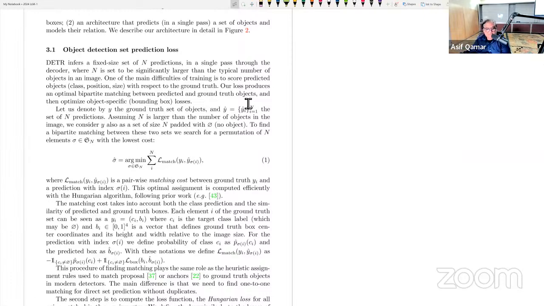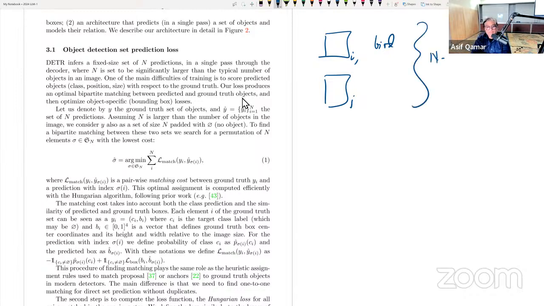Here, what they say is DETR infers a fixed set of n predictions. Remember, I said that it detects n pairs. What is each pair made up of? A box i, and a class i. Something, bird, right? j. And all of these add up to n.